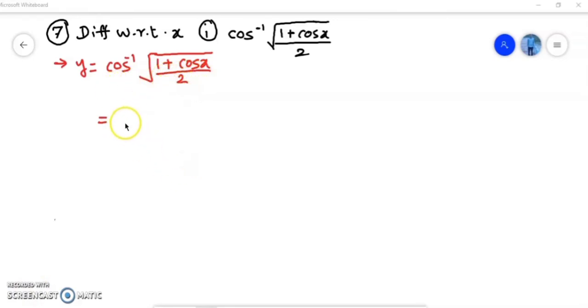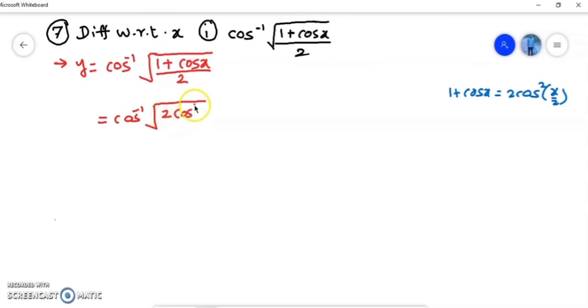Like I said, I will use the property 1 plus cos x is equal to 2 cos square x by 2. Now this is written as cos inverse of root of (2 cos square x by 2) whole divided by 2, the whole thing inside this root.